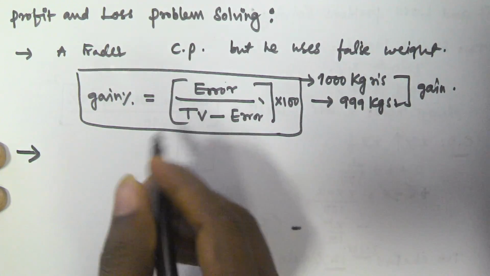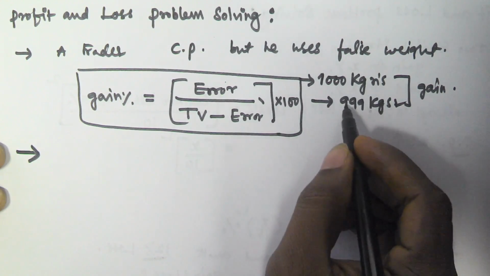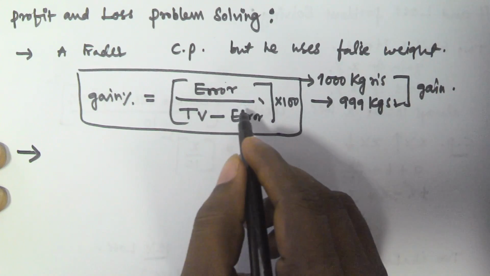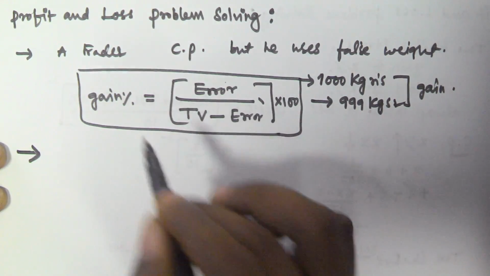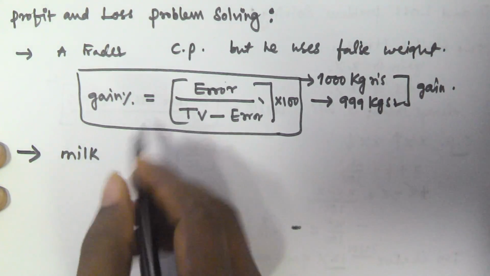So the error is 1, the true value is actually 1000. So 1000 minus 1 is 999, and we get 1 by 999 into 100. That will give the gain percentage. Now let's see one example based on this.